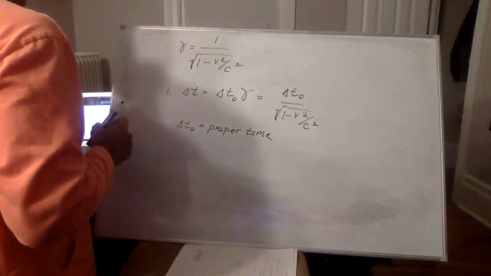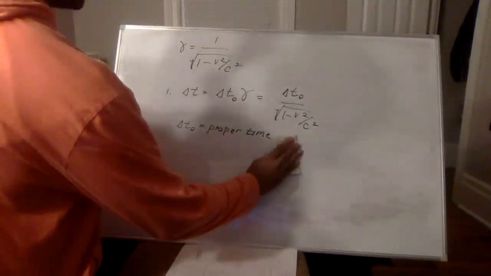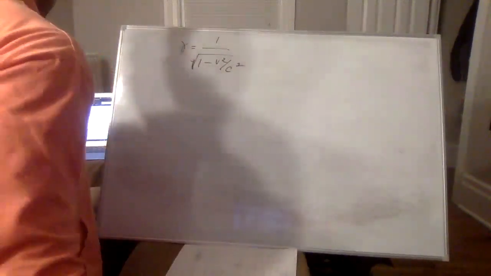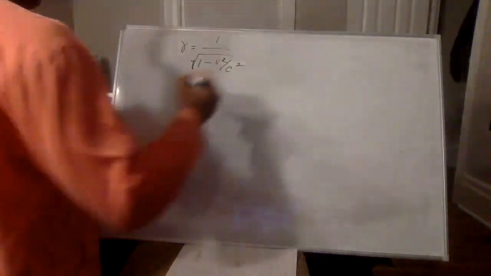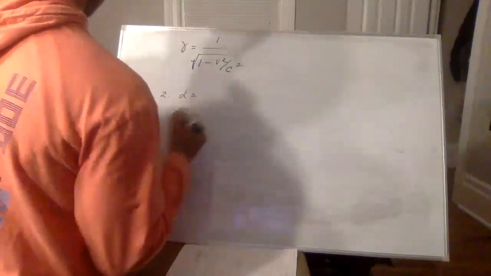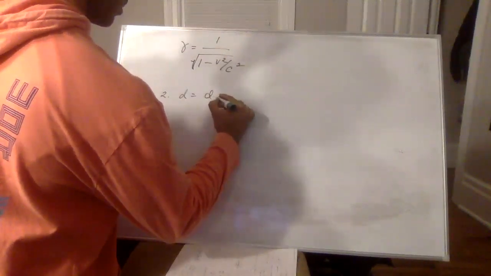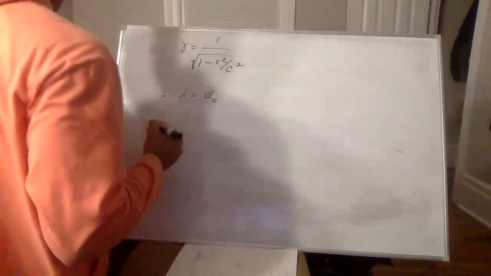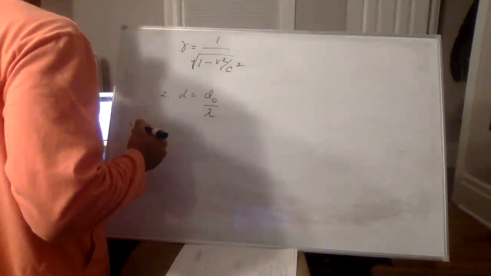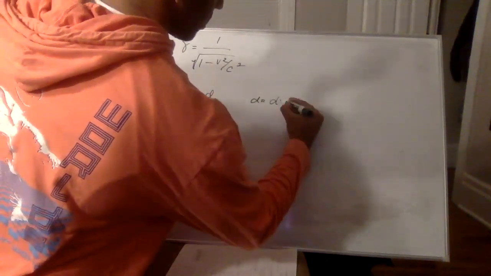So now if we look at the other phenomenon we talked about, which is length contraction, we have, in this case, D equals D naught divided by gamma, where D is distance or length.